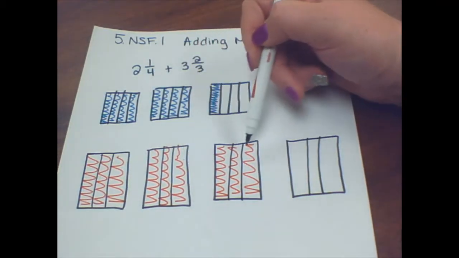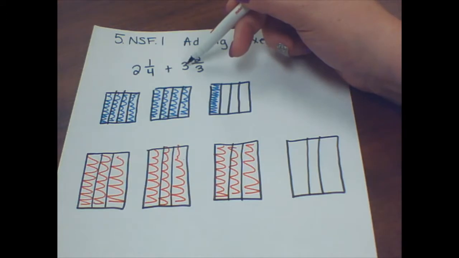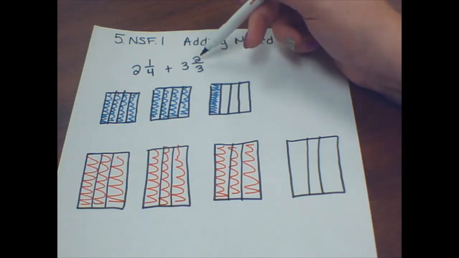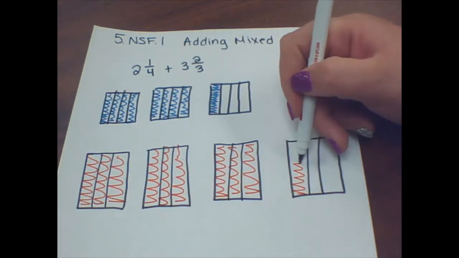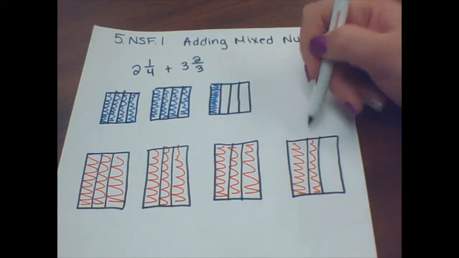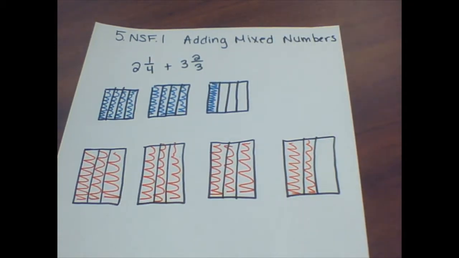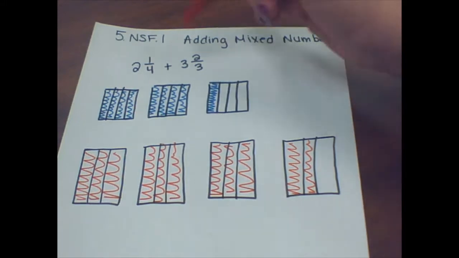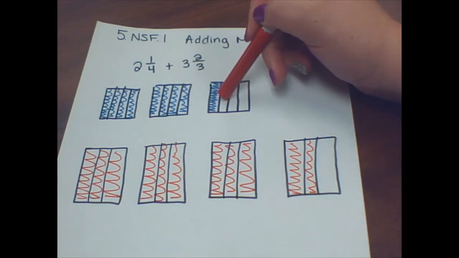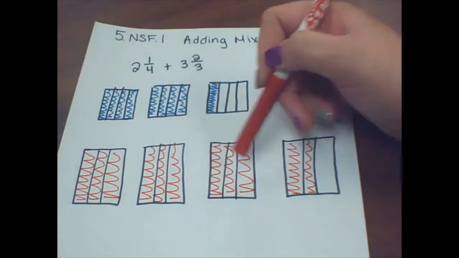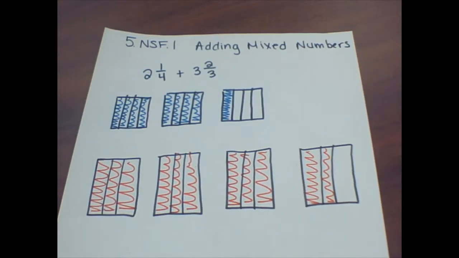So 1, 2, 3 is how I got my 3 wholes. But now I need to shade in 2/3 for my fraction. Okay, so right now I have 2 1/4 modeled out for you. I have 3 2/3 modeled out for you.